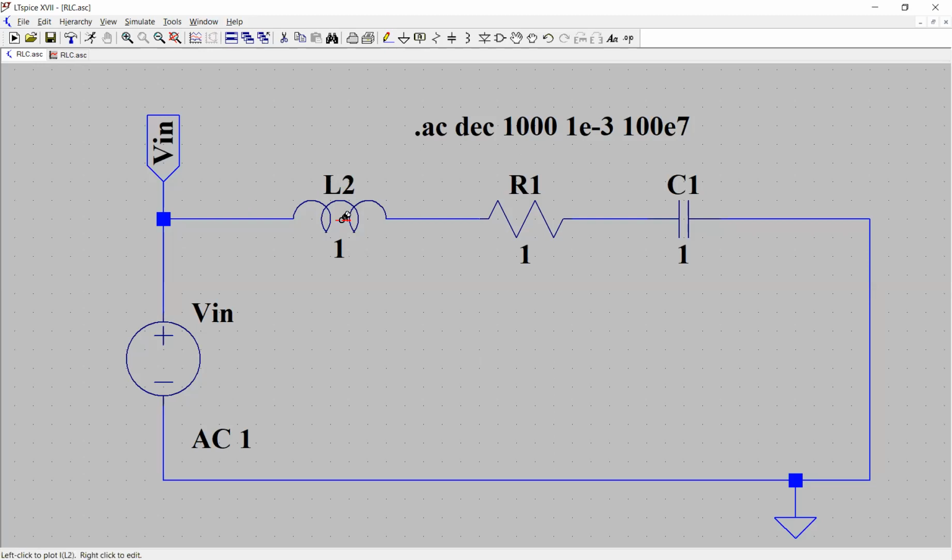It shows the current flow direction through the inductor, through the resistor, and through the capacitance. So the conventional current is flowing from right to left through this loop. It comes from the positive terminal of the voltage source, passes through all these components, closes the loop, and enters the negative terminal of the voltage source.